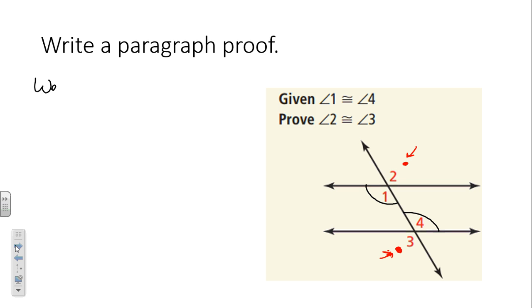We are given that angle 1 is congruent to angle 4. That was our first sentence. Okay? Your attention getter. Your hook? So if 1 is congruent to 4, you could start with that.